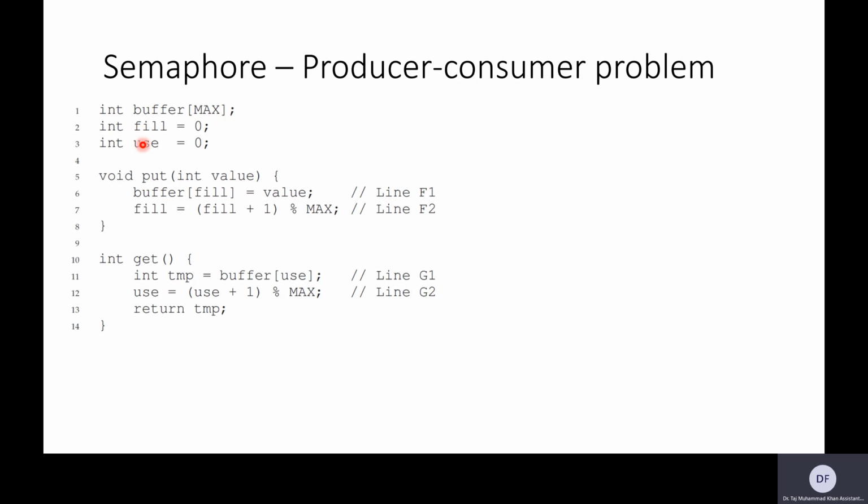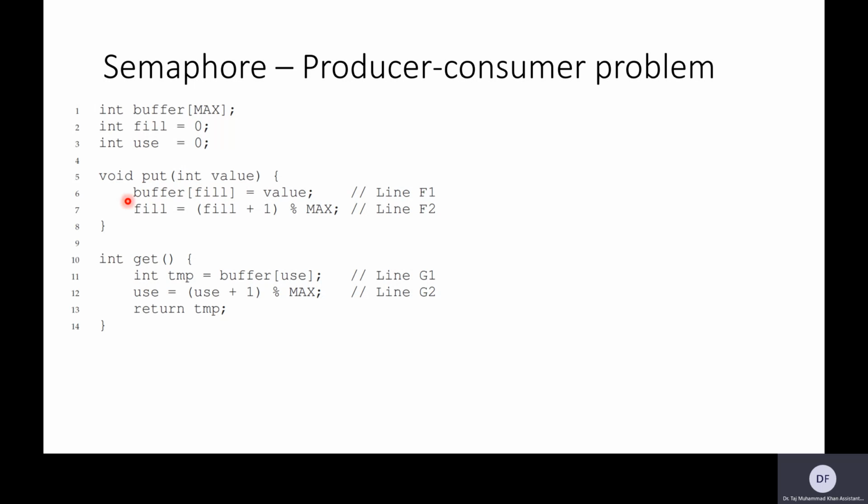There are two variables: fill tells you the next empty space in the buffer in which the producer shall write a new value, and use is like the start of the values which have been produced but have not yet been consumed in the buffer. So the consumer will use this value to consume the next value which has been produced and not yet consumed in the buffer.